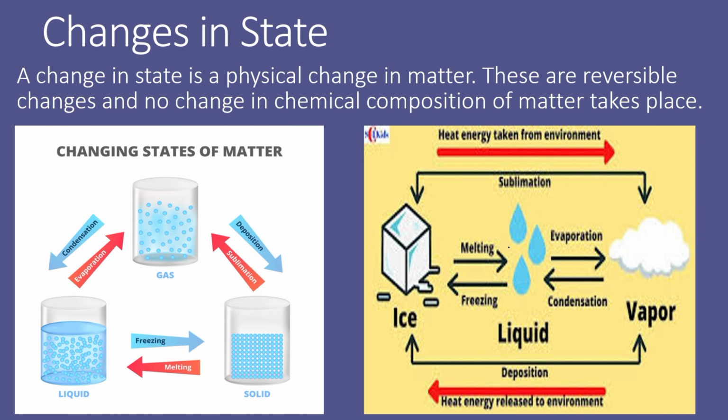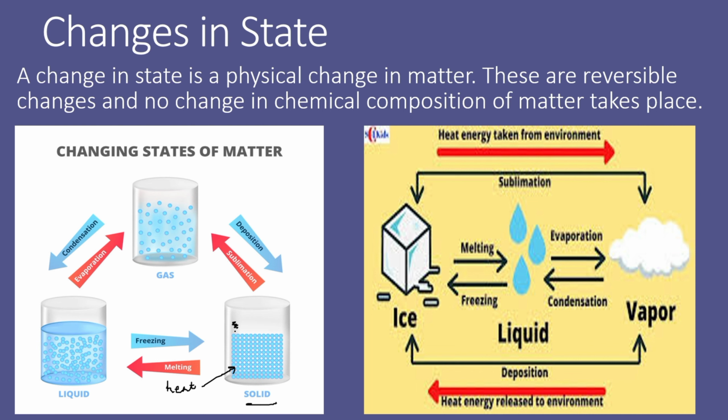For example, if you have a solid and you heat it, heat goes into the system. As a result of it, the molecules will gain more energy, their kinetic energy will increase. So when their kinetic energy increases, what will happen? They will start vibrating more and more.